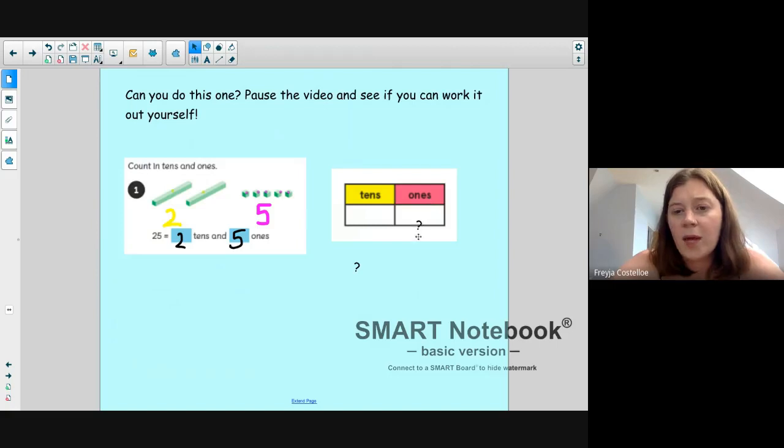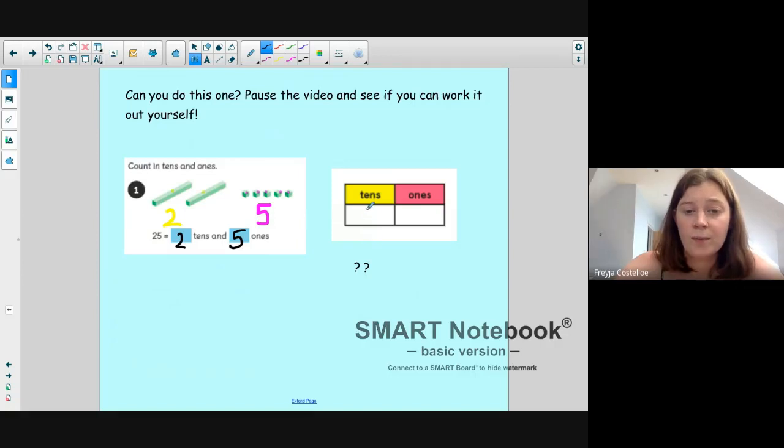So what am I going to put in my place value chart over here? What digit am I going to put in to show me how many tens I have? 1, 2. I'm going to put in the number 2, aren't I? And how many ones do I have?